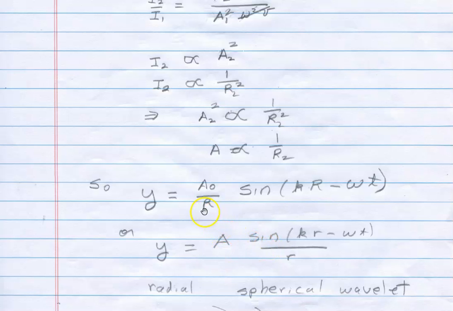And then the way you usually write this is just the amplitude constant times sine of kr minus omega t, divided by r, as the wave function. It's really a spherical wave that's propagating out from a central source, and the radius here is the distance you are from the source.